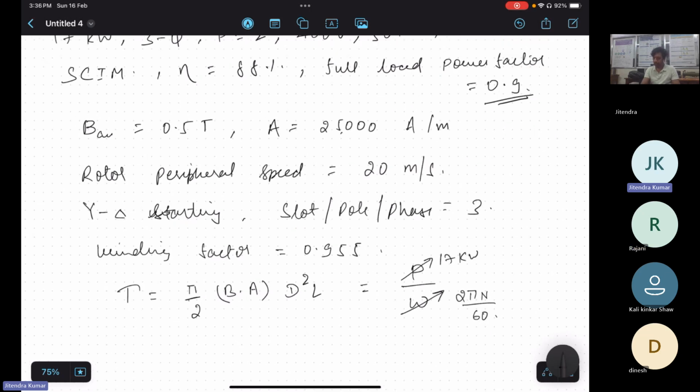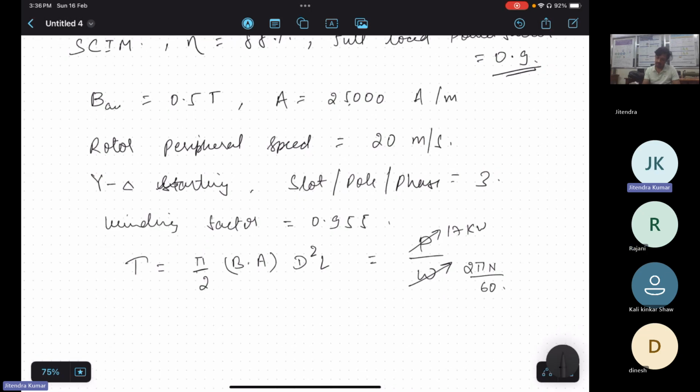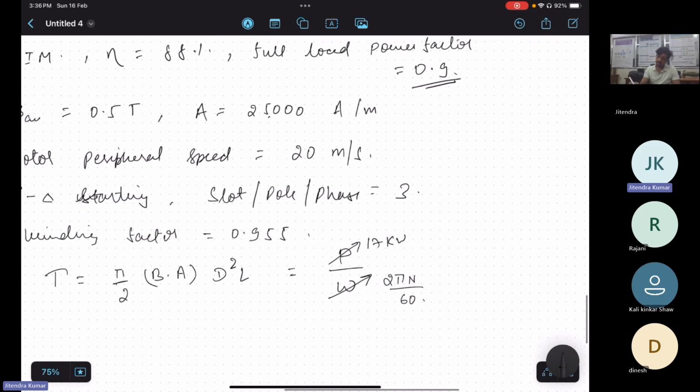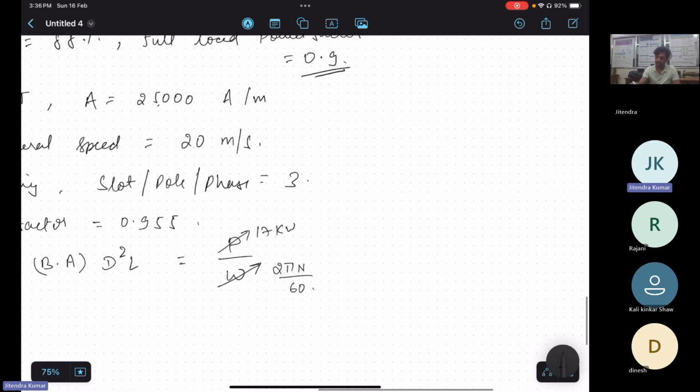In terms of peripheral speed also we can calculate. V is equal to R omega, and it is nothing but R into 2 pi N by 60.